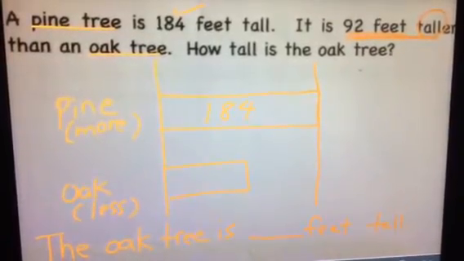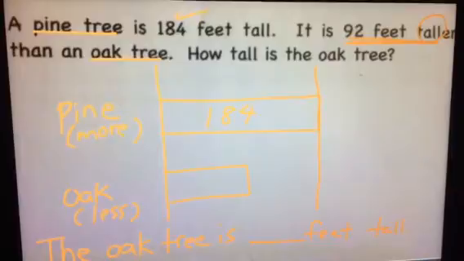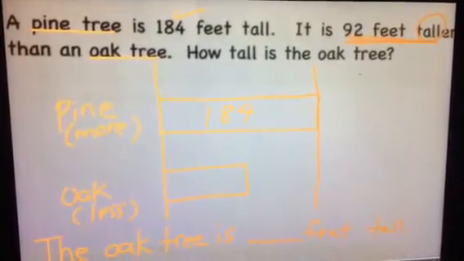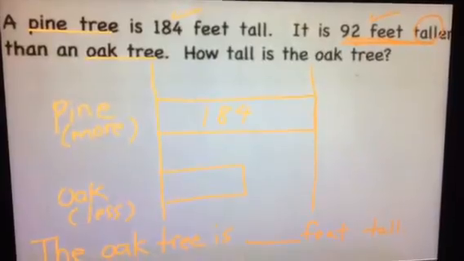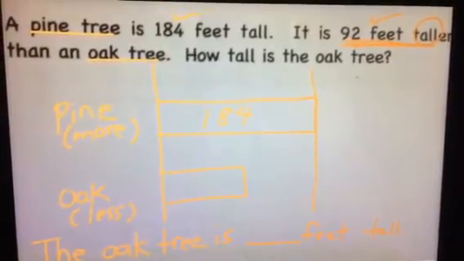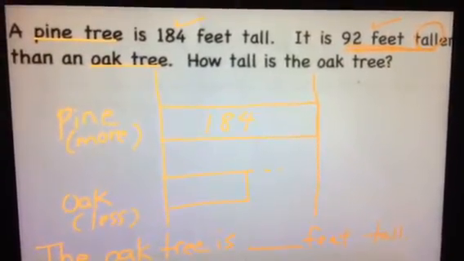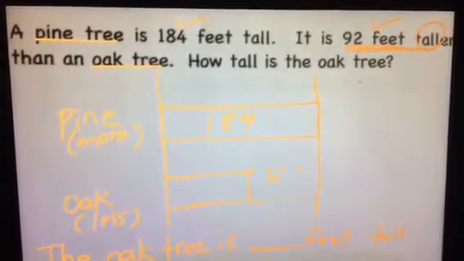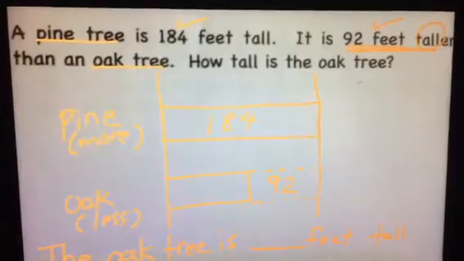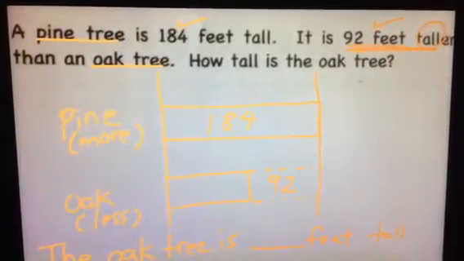Let's move ahead. The pine tree is 92 feet taller than an oak tree. So if the pine tree is 92 feet taller, we know that it is 92 feet less for the oak tree.